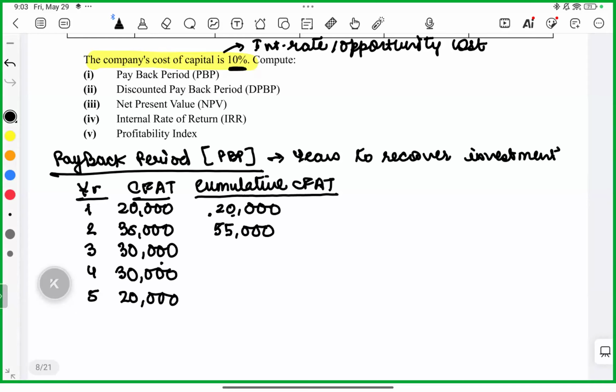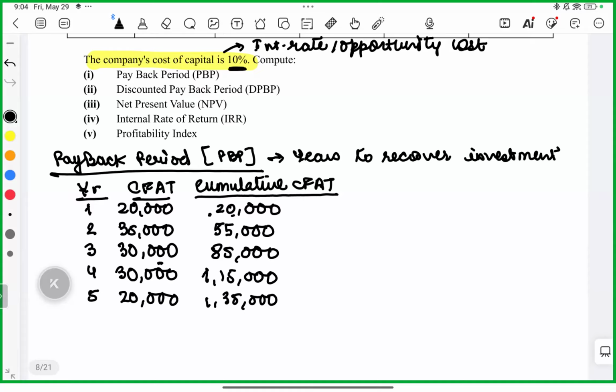Now add the value of the third year, 30,000. So you will get 85,000 in the third year. Now add 30,000, you will get 1,15,000 in the fourth year, and add 20,000, you will get 1,35,000 by the end of year 5. Okay, it means total cash inflows.